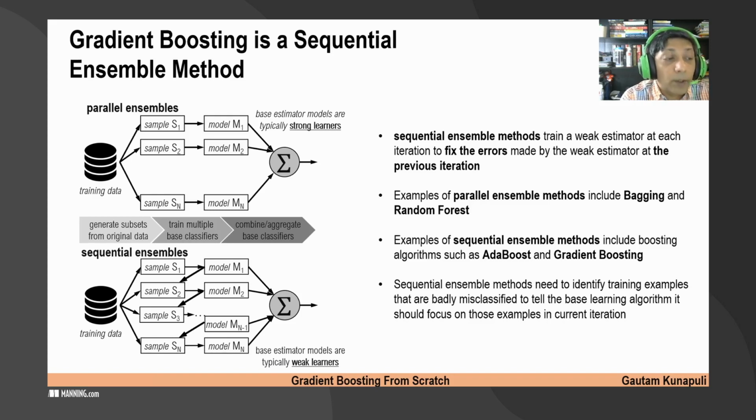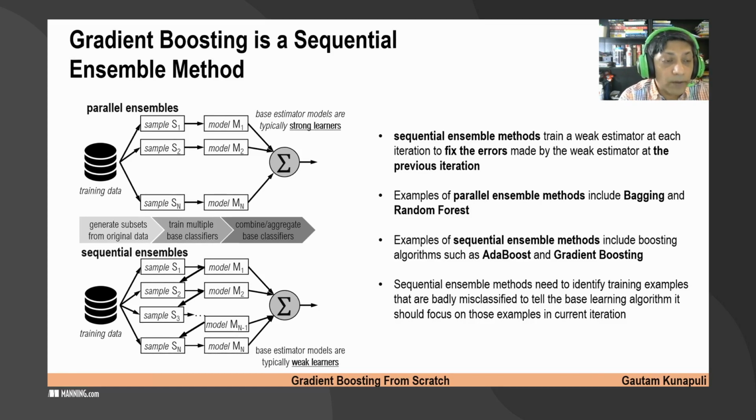Sequential ensembles, on the other hand, operate sequentially, as the name suggests. So what they do is they take the data that you have and build a first model, and then they try to identify where that model is failing.